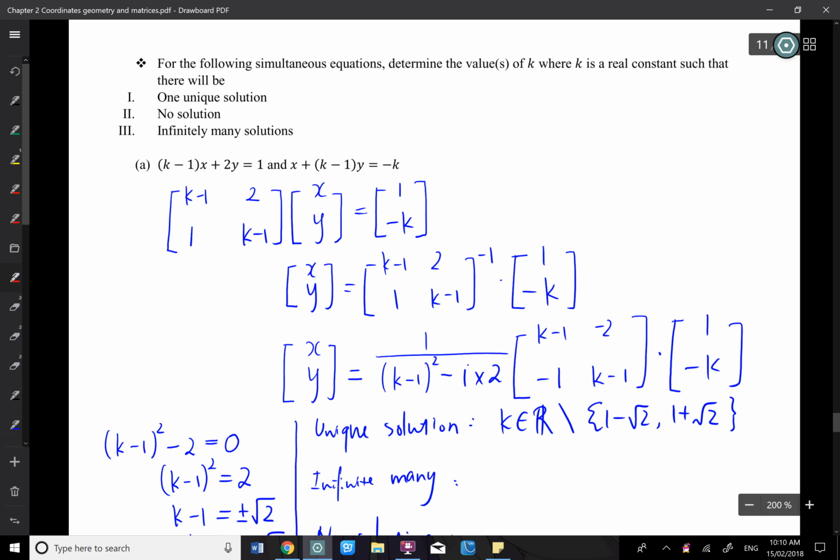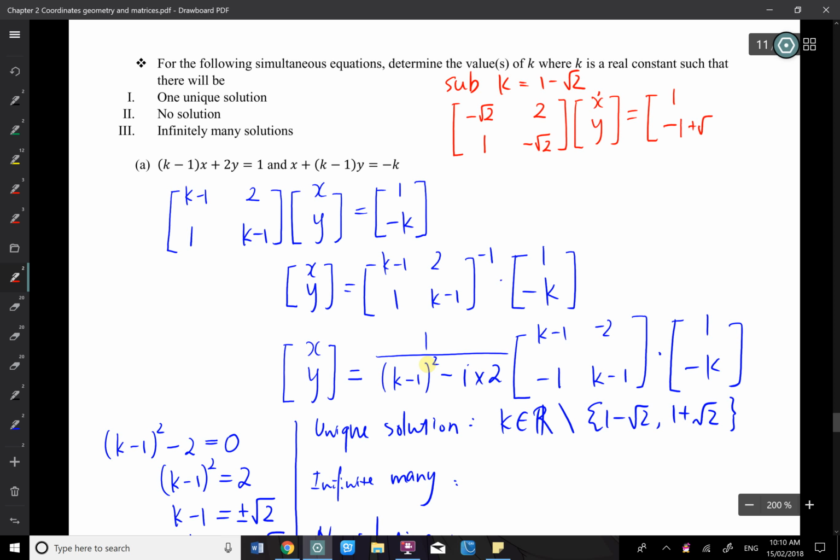First of all, I will sub k equals 1 minus root 2. That will give me minus root 2, 2, 1, minus root 2, times x and y, equals 1 and minus 1 plus root 2.